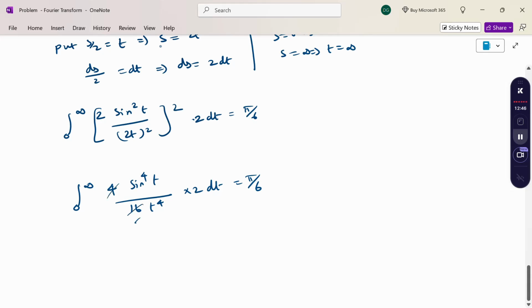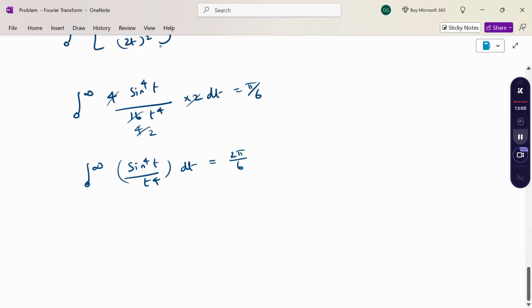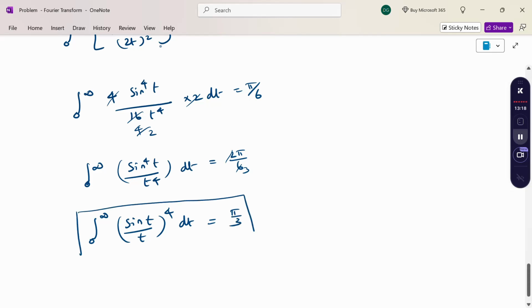Now cancelling the 4 and this 2, we have the integral from 0 to infinity of sin power 4 t by t power 4 dt. Taking the 2 to the right hand side, 2 pi by 6. Therefore the integral from 0 to infinity of (sin t by t) whole power 4 dt equals pi by 3. So this is our answer using Parseval's identity.